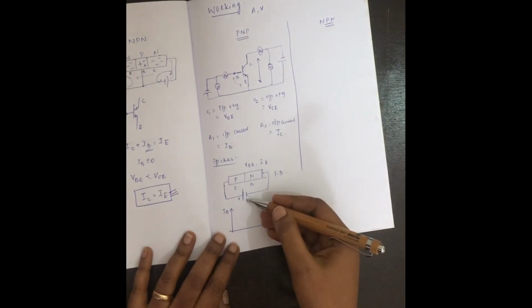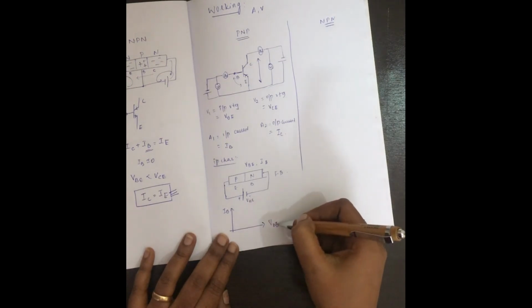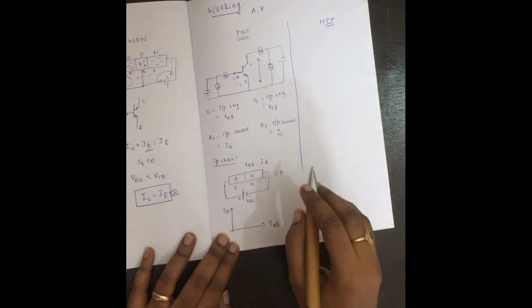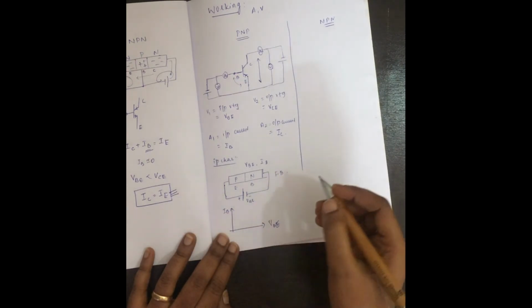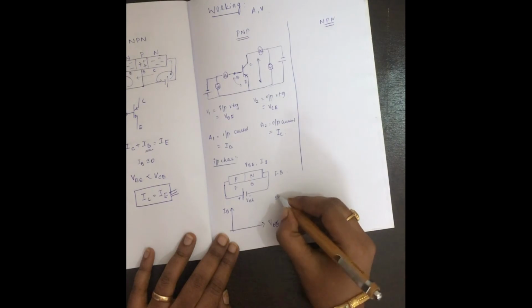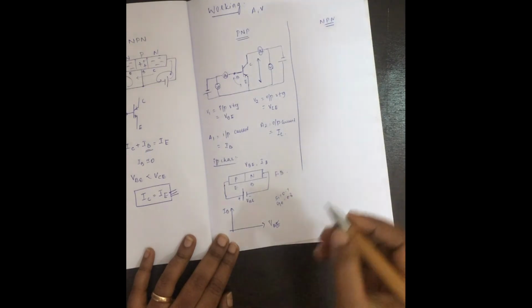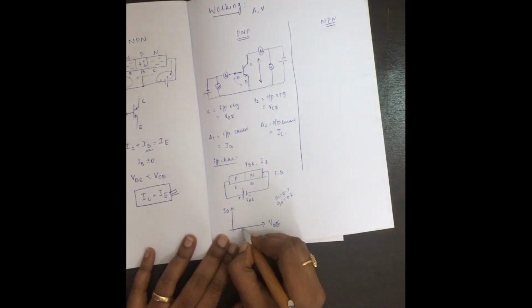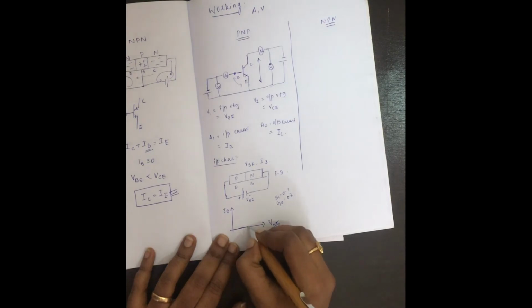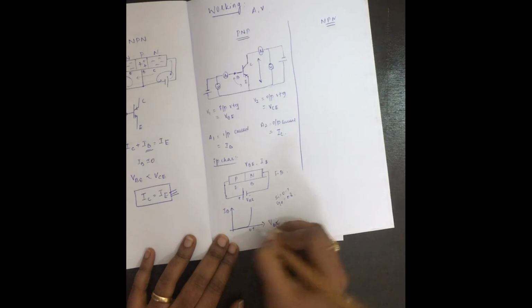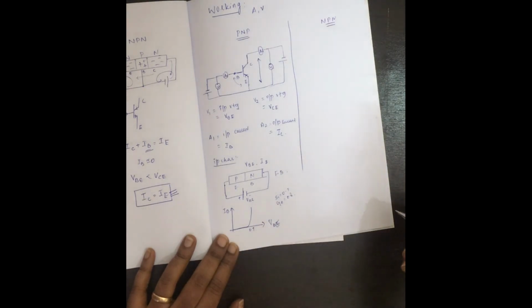When you apply an input voltage VBE up to 0.7, no current will flow. 0.7 is the barrier potential for silicon; for germanium it is 0.3. Here let's consider it is made of silicon. So till 0.7 no current will flow. Once it reaches 0.7, the current starts flowing.